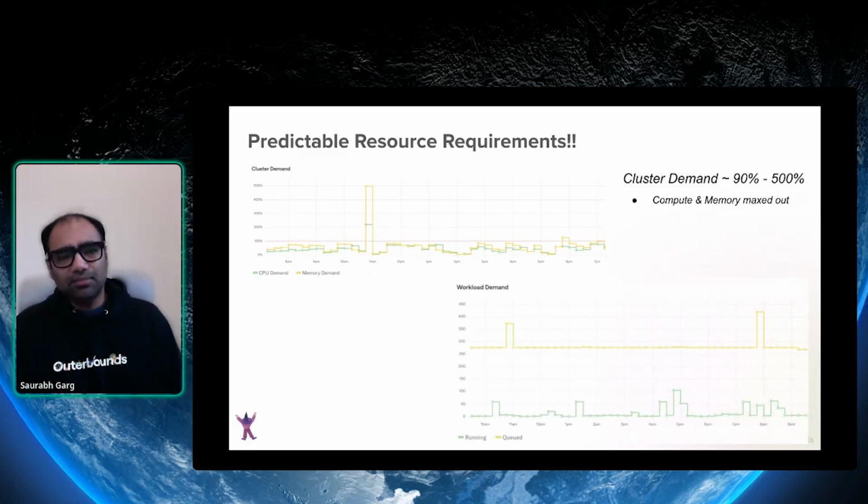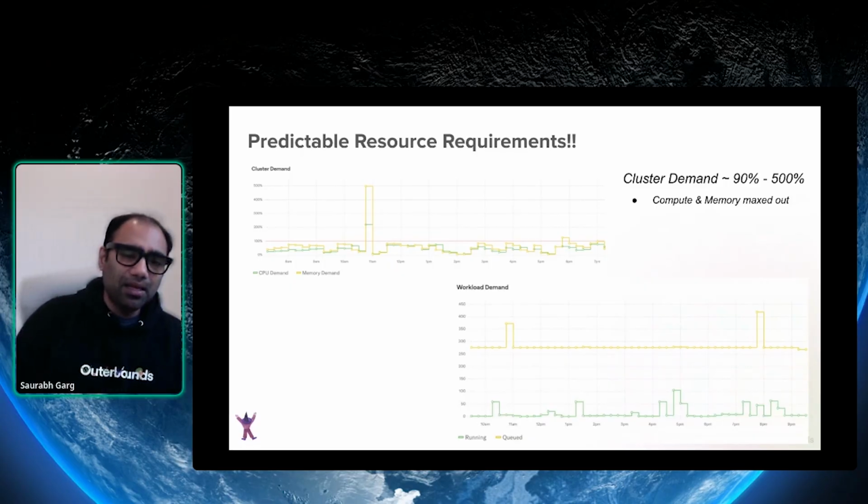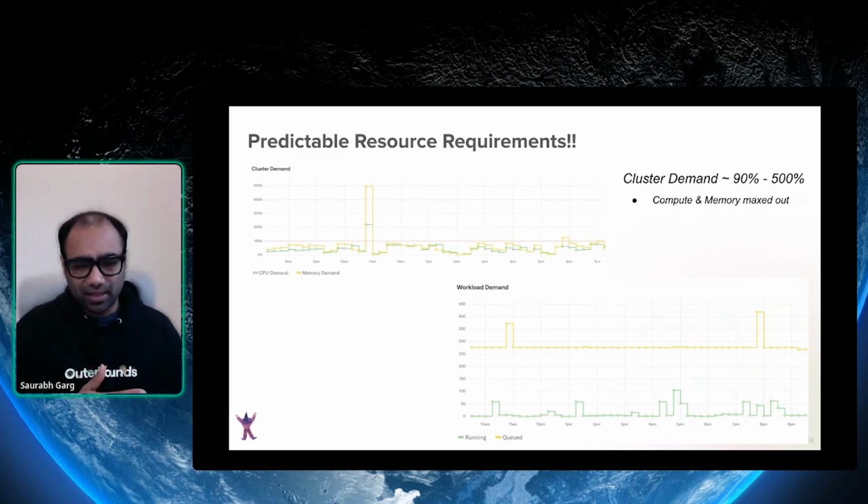If you look at it from the other perspective, where you have workload demand versus time, you'll see that because there is such high demand on your cluster, the workloads start queuing behind you. Around the same time, the number of queued workloads, which is the yellow line, skyrocketed from about 250 to about 380 or 390.